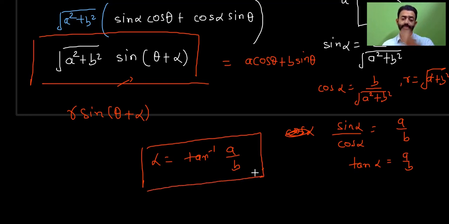Okay, principal value means between minus pi by 2 and plus pi by 2. Okay, fine. Tan inverse A by B.